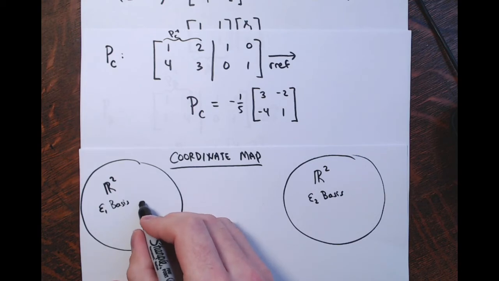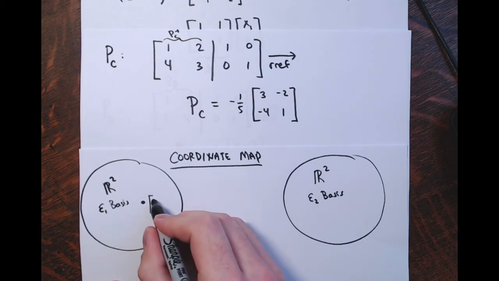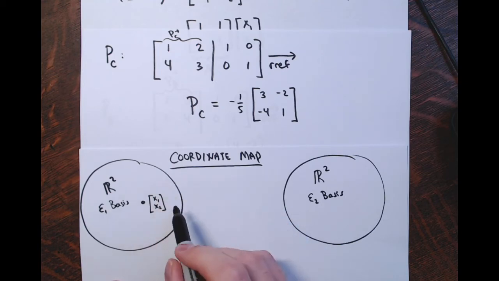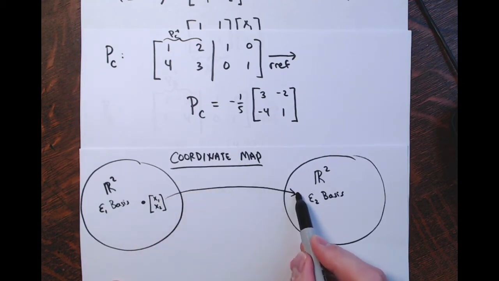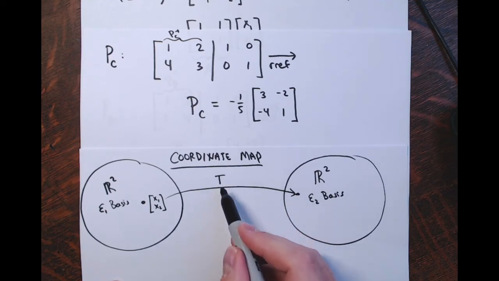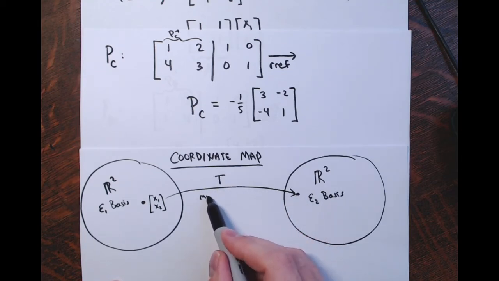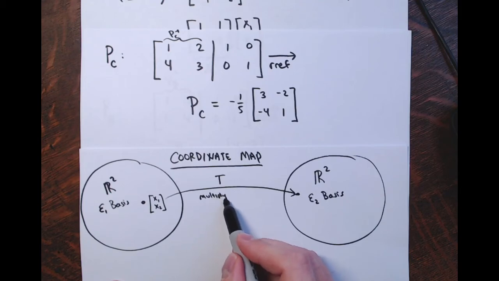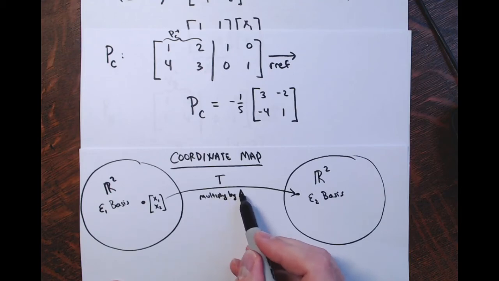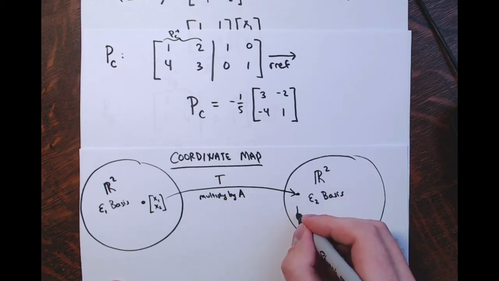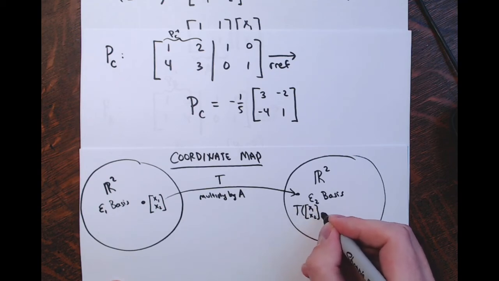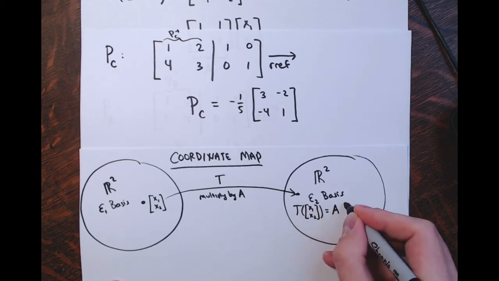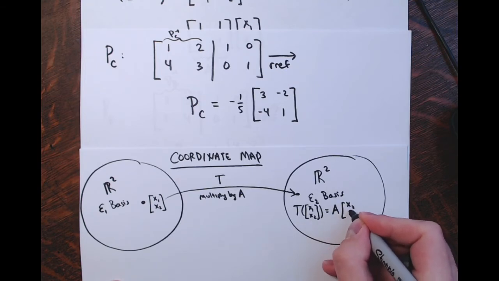So if I take a vector x1, x2, I plug it into T, which means just multiply by A, multiply by the standard matrix. We would get T of x1, x2, or just A times x1, x2 as a result.